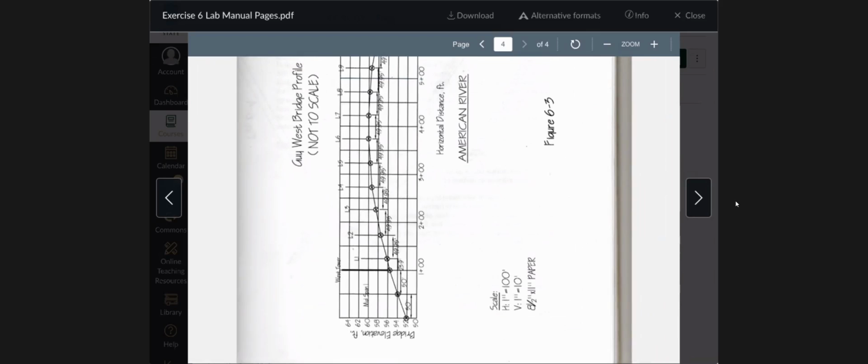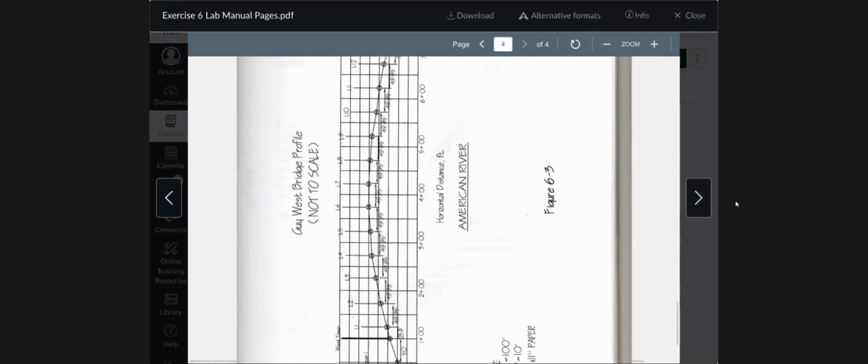When you draw this, at the top where it says Guy West Bridge Profile and it says not to scale, it's saying that the drawing in the lab manual is not to scale. You're going to draw this thing to scale on your graph paper. Don't use a blank lab note sheet, blank piece of paper.